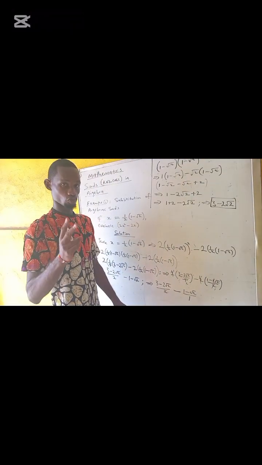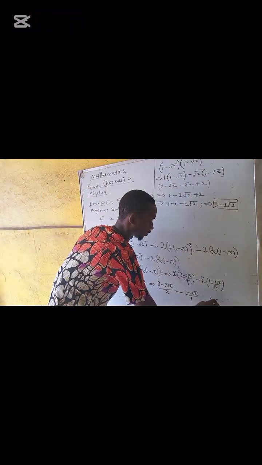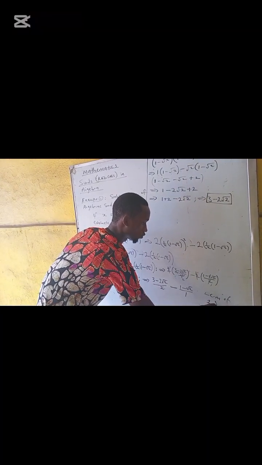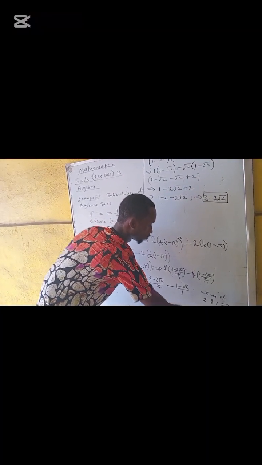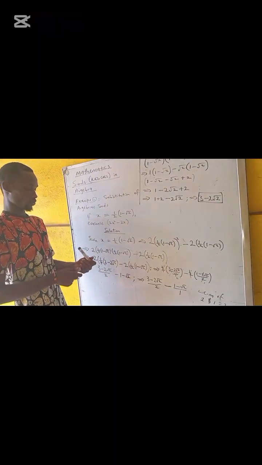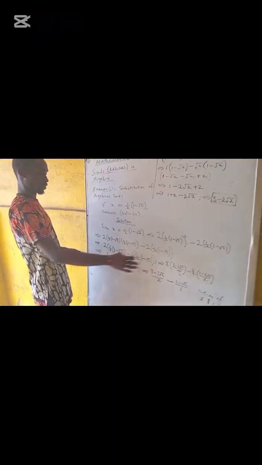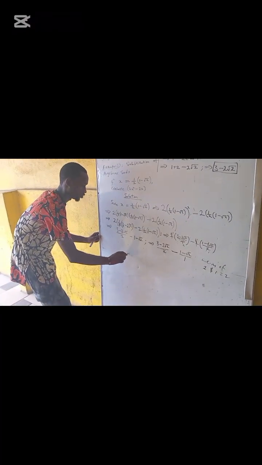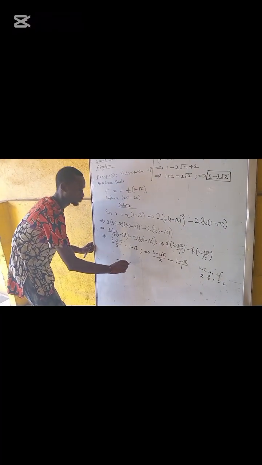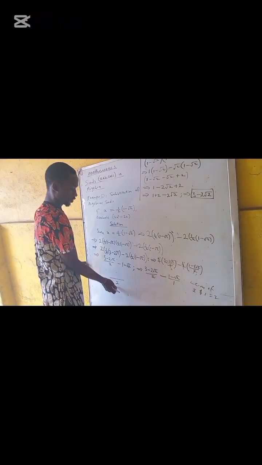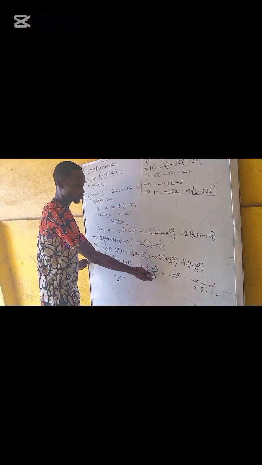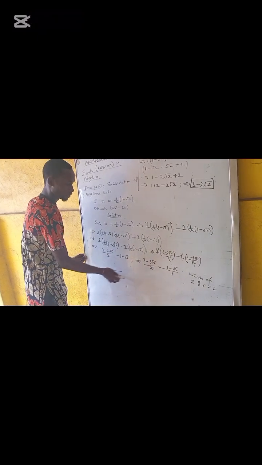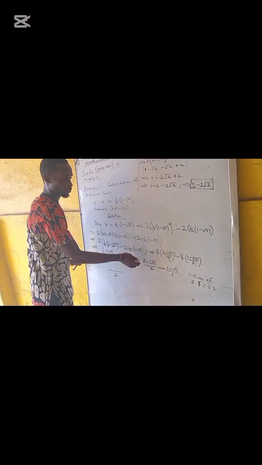The LCM of 2 and 1 is equal to 2. So here we now have the denominator to be 2. This 2 divided by this 2 is giving us 1. So this 1 that we have after dividing the denominators, we multiply it all through.